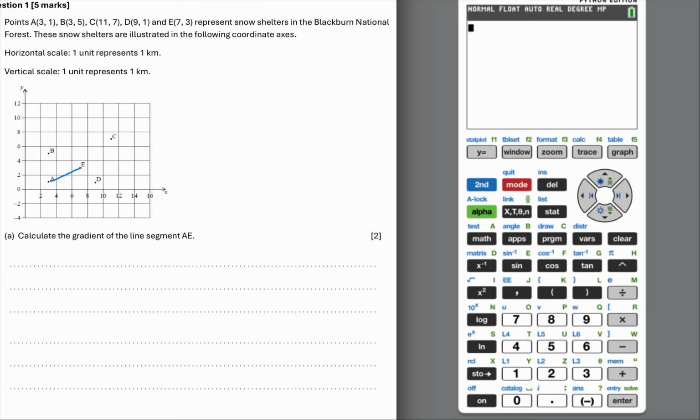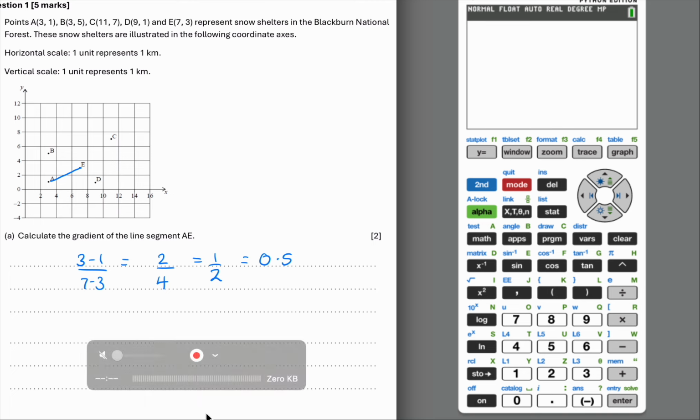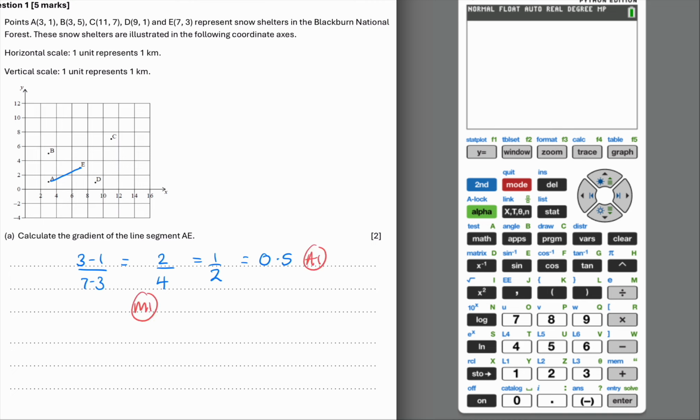So we have 3 minus 1 divided by 7 minus 3, and that gives me 2 over 4, or 1/2, or if you prefer you can write it as a decimal, as 0.5. Any of those answers would be fine. So there's 1 mark for the method, and 1 mark for the answer. So 1 for some sort of method and 1 for some sort of answer.